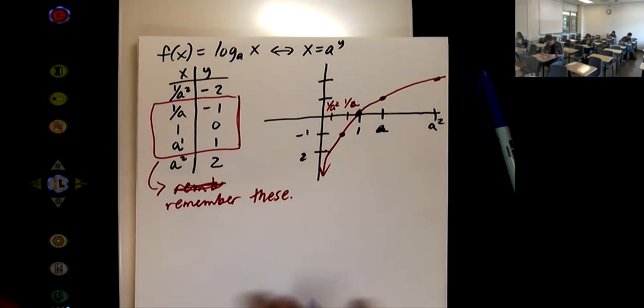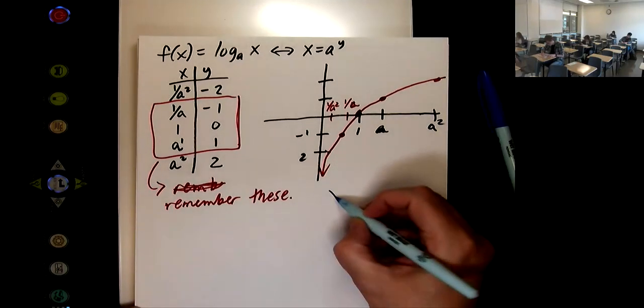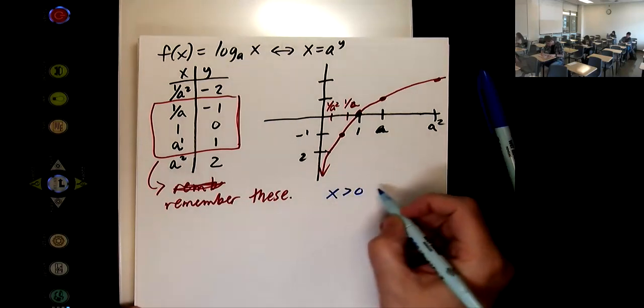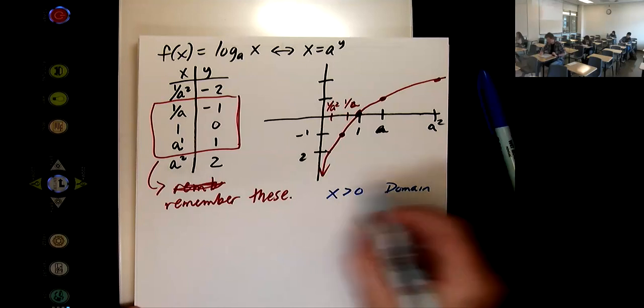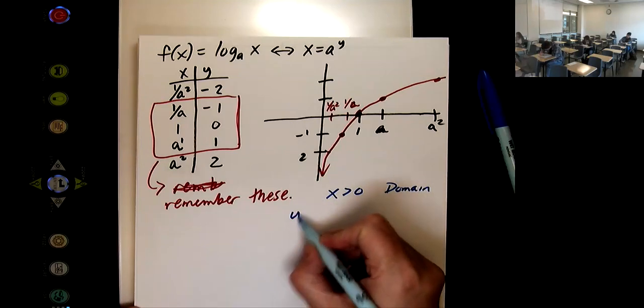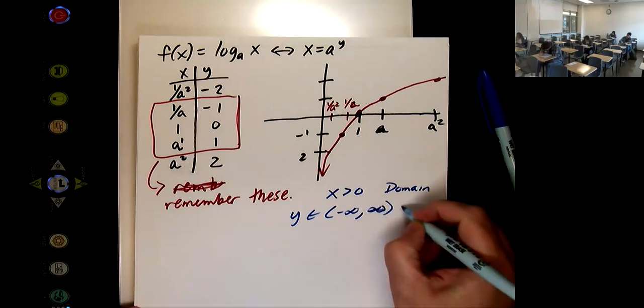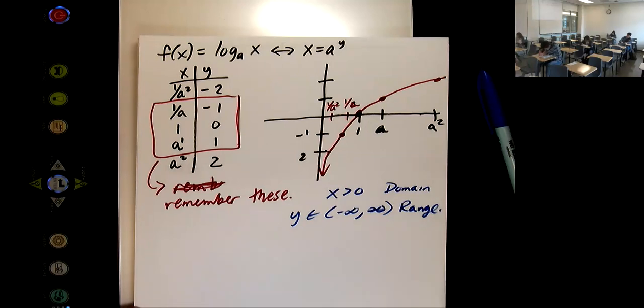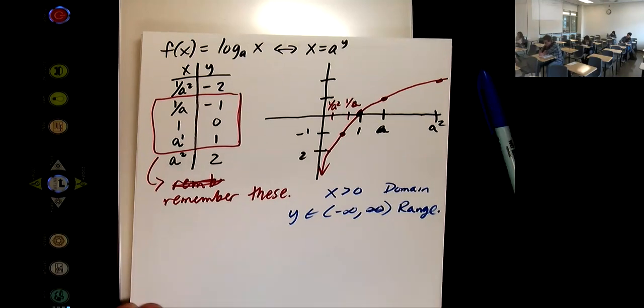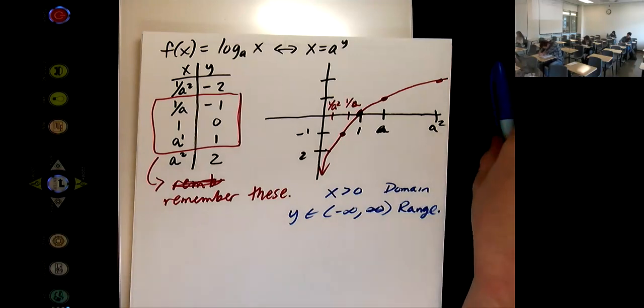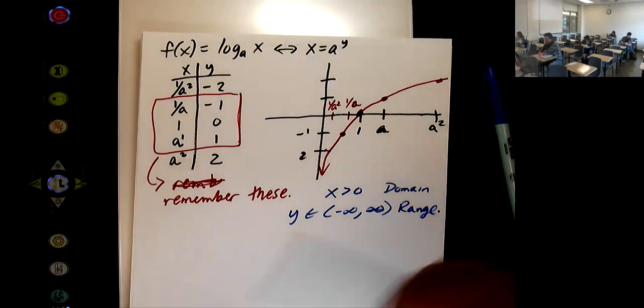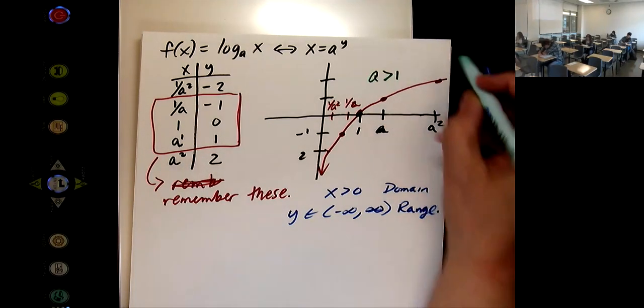Now, what do we have here? We mentioned some of this. X has to be greater than 0. That's my domain restriction. Y is in negative infinity to infinity, or all real numbers. That's our range. And this picture in specific is when a is greater than 1 for this graph.